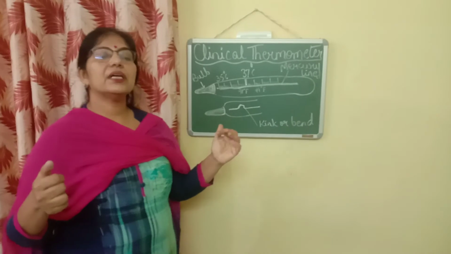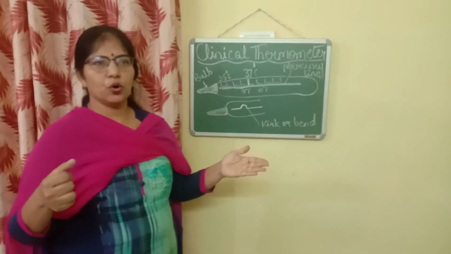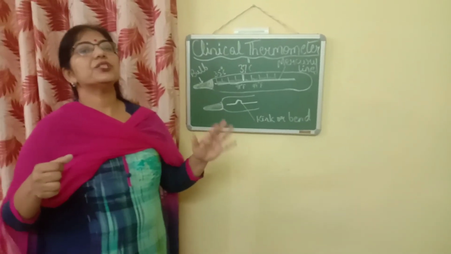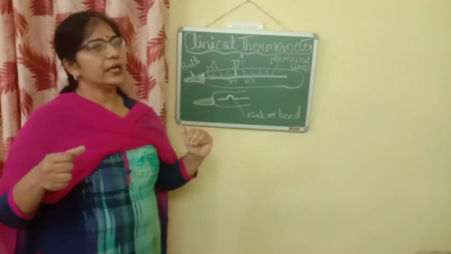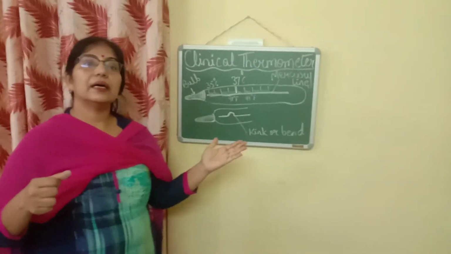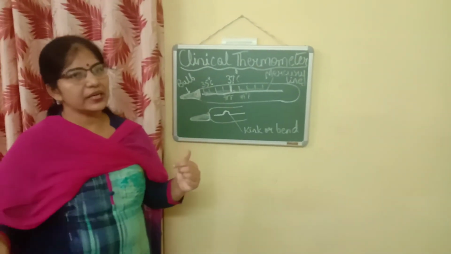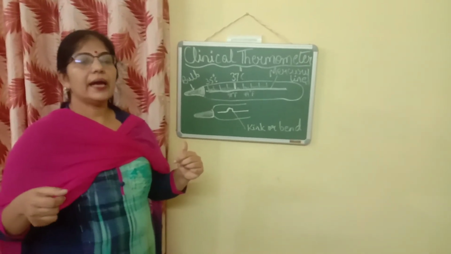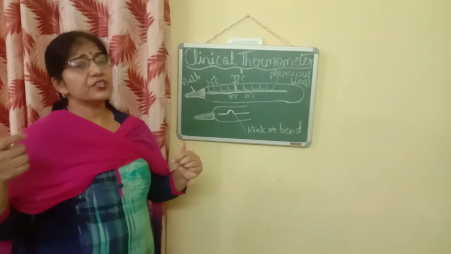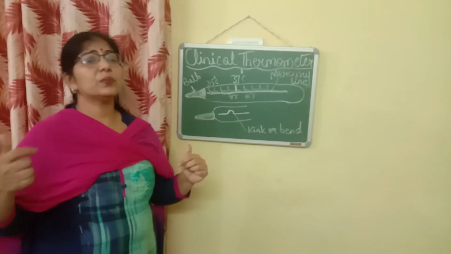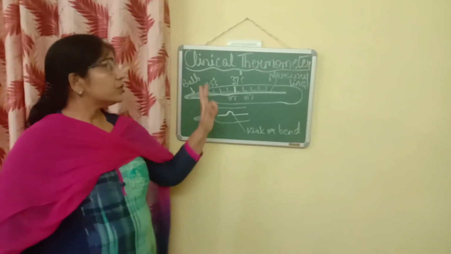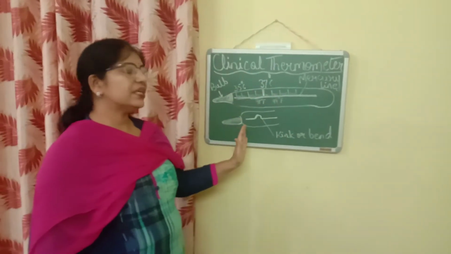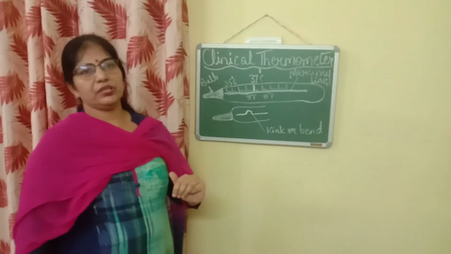The clinical thermometer is used in hospitals and at homes, only to measure human body temperature. Whereas the laboratory thermometer is used in labs for scientific purposes, for measuring the temperature of many liquids and gases. So this is the difference between the clinical thermometer and the laboratory thermometer.